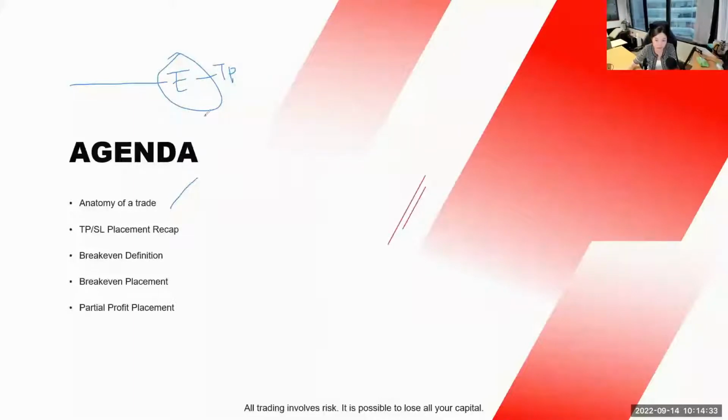You spend a lot of time analyzing the charts to find the best entry, but we always miss out the in-betweens, which are as important.